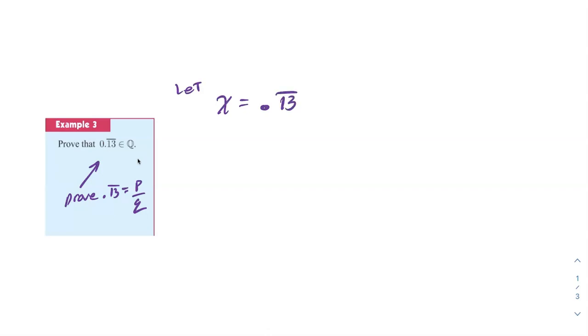A lot of times it helps if you just write out what that means. So in this case, x equals 0.13, 13, 13, 13, 13, dot, dot, dot. Now, there's a little bit of a trick to how we're going to make this a fraction, and that is, we're going to multiply both sides by 10 to some power.